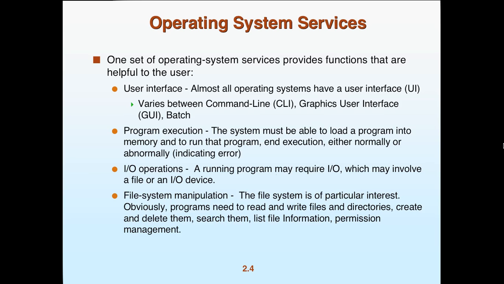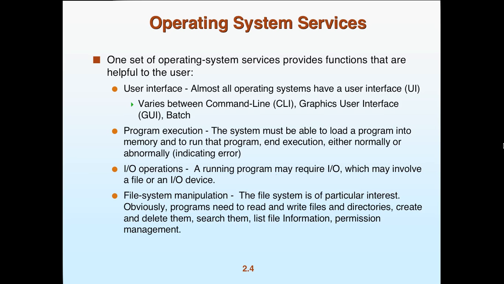So one set of operations or services is just the user interface, whether it be CLI or GUI in terms of command line or graphic. The other main function that an operating system normally does is execute programs. We can consider program execution as probably the main task.